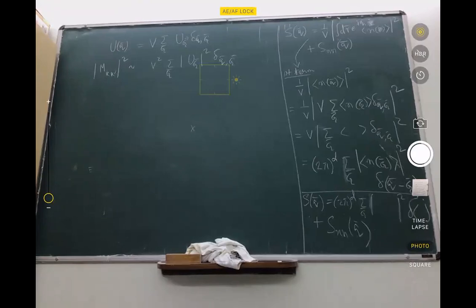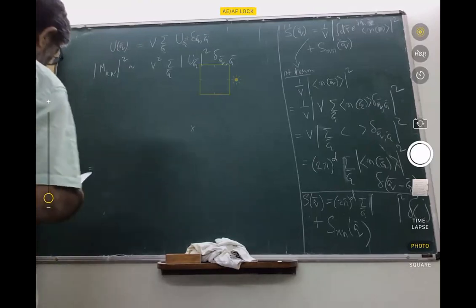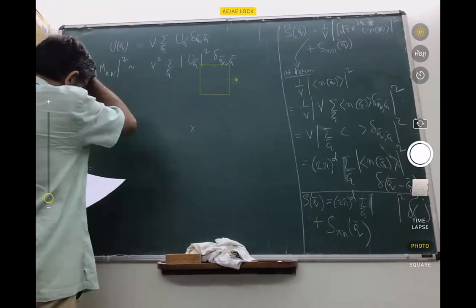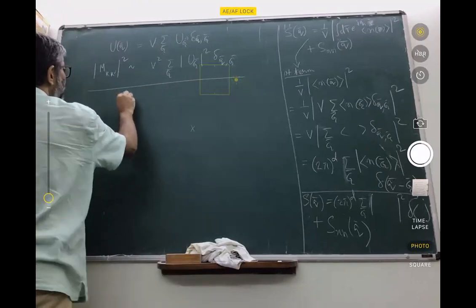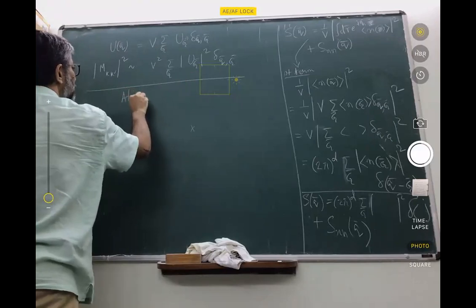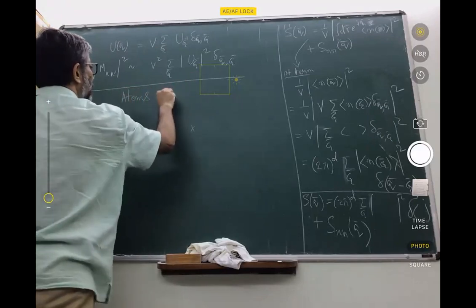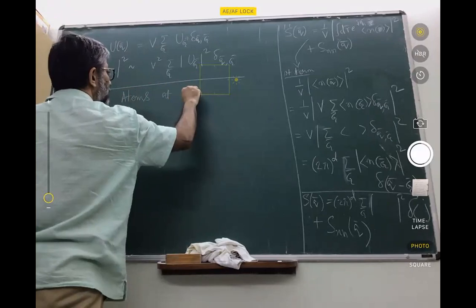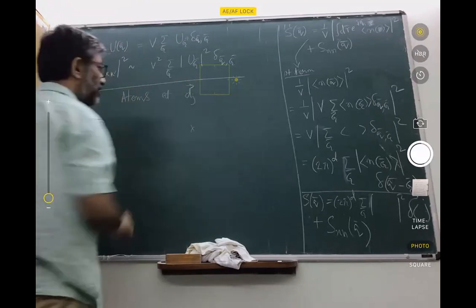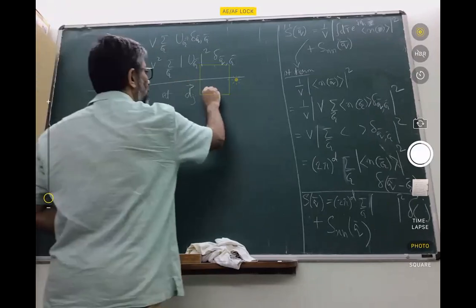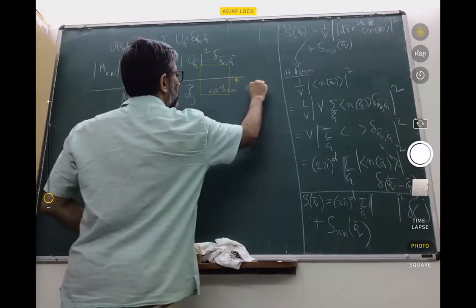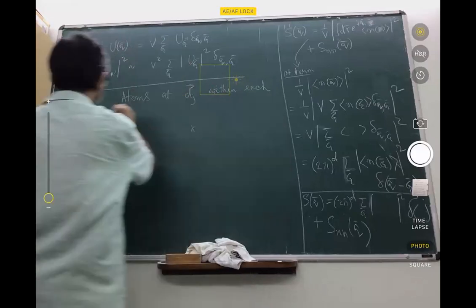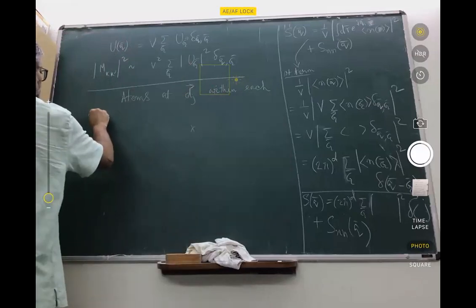The complication comes because of multiple atoms in your unit cell. So suppose I have atoms at locations that I mark as d_j in each unit cell.